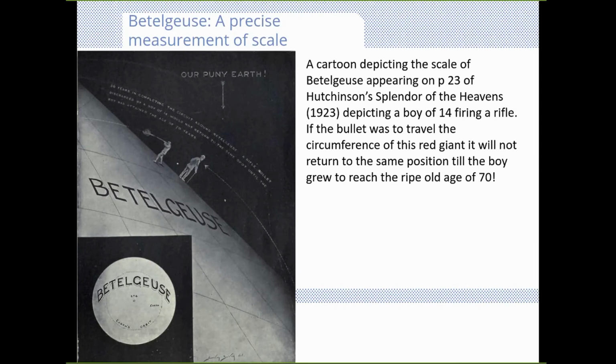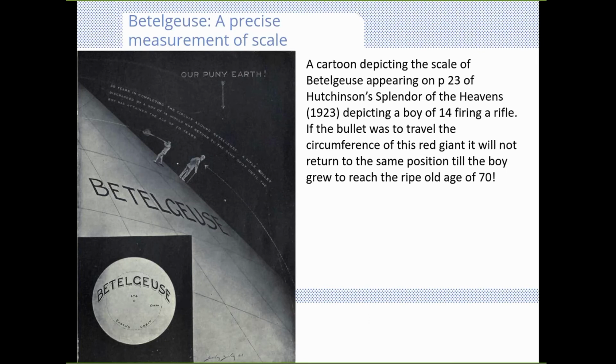In this example, we'll go back to the apparent scale. The stellar disk of Betelgeuse was measured back in the 1920s. Here is a simple thought experiment: you can think of a kid of 14 years old standing on the sphere of the star, and he shoots a pellet gun in some direction.